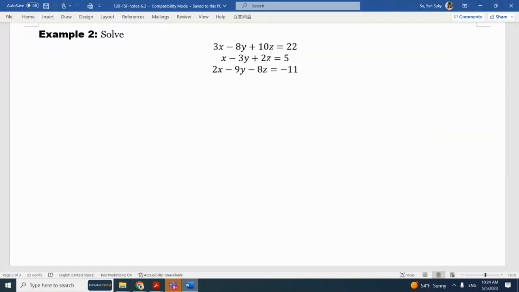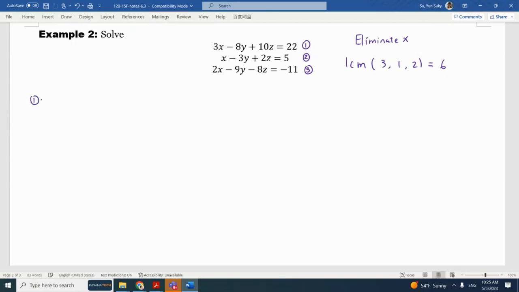Okay. So which variable do we pick to eliminate? X, right? Everybody agree? Eliminate x. What's the least common multiple of the coefficients 3, 1, and 2? 6. Okay, this is equation 1, equation 2, equation 3.